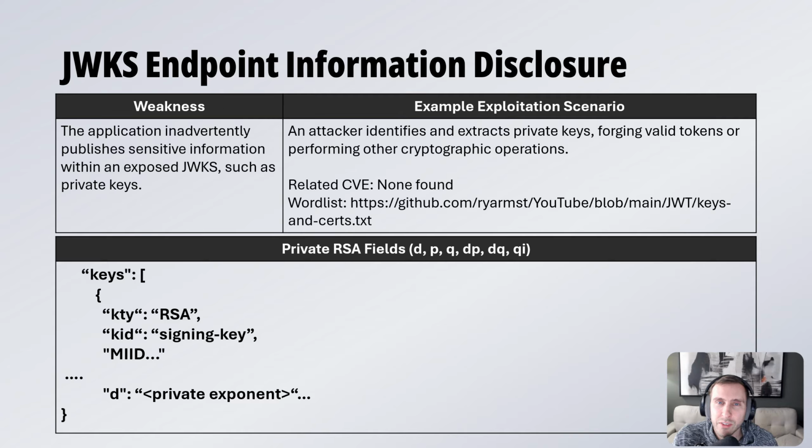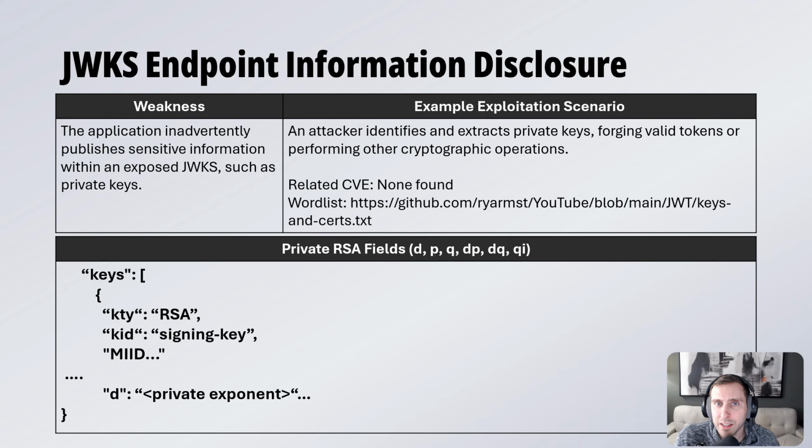I couldn't find any CVEs, interestingly enough, related to this, but if you're testing an application that is using cryptography in some way where you expect there might be key material available, so if it's using JSON Web Tokens, if there are OAuth flows, I'm sure there are all kinds of scenarios in which this might apply. It's probably worth at least taking a quick look at these endpoints.